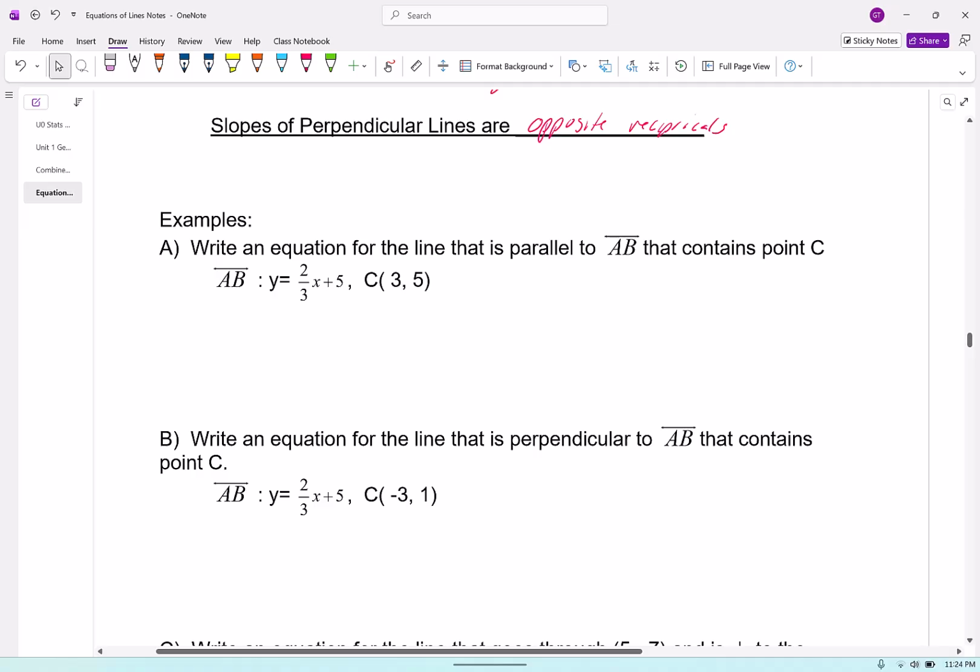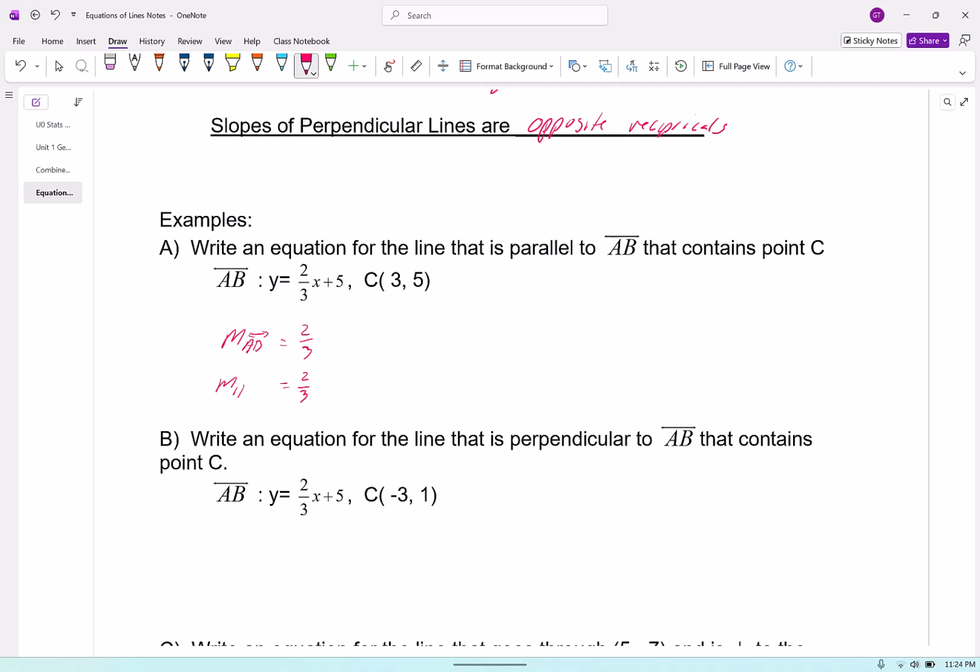Write an equation for the line that is parallel to the line AB that contains point C. You're given the slope-intercept form, 2/3 x plus 5, and you're given a point. I can see that my slope of AB equals 2/3, and then the slope of my parallel line is also going to be 2/3.